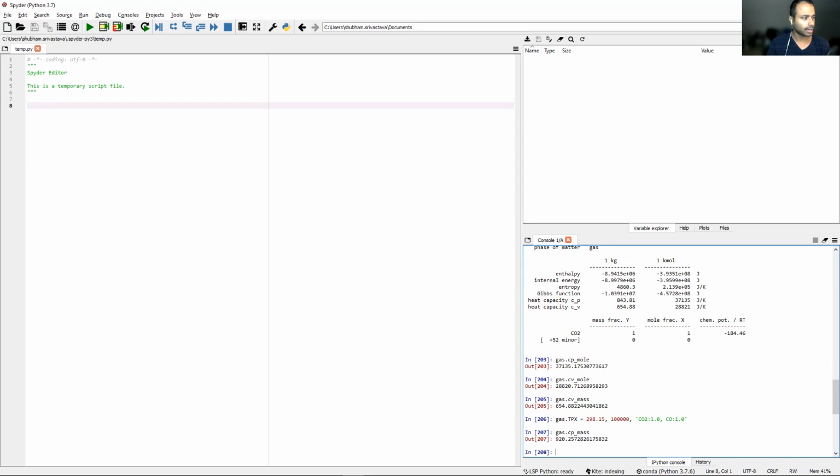One quick sanity check that I would like to show you is, you must already be knowing that Cp minus Cv equals R. That is a very famous relation. So let's take a look at that. So gas.cp_mass minus gas.cv_mass. This is for the 50-50 mixture of carbon dioxide and carbon monoxide.